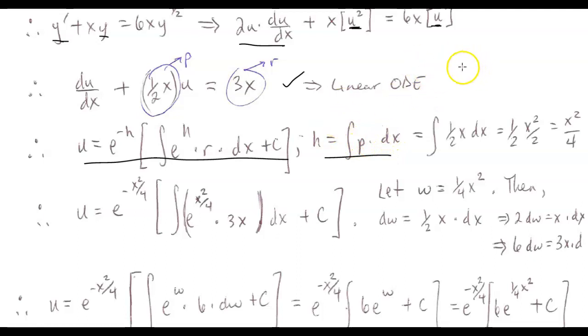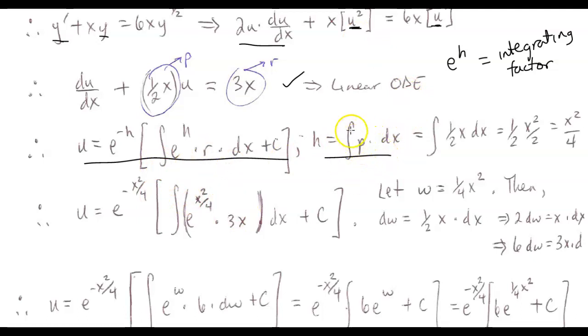And let's not forget that the e raised to the h is the integrating factor. The purpose of the integrating factor is to find something to multiply by both sides of our linear ODE that will allow us to essentially turn it into a separable equation. And this formula is a result of that happening.